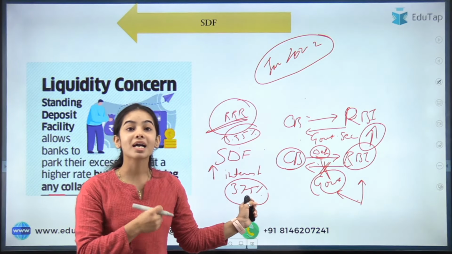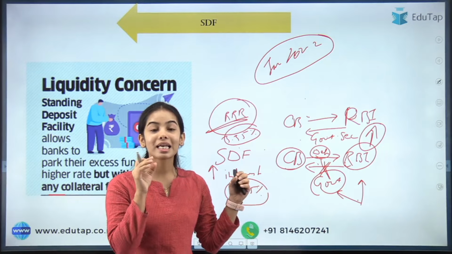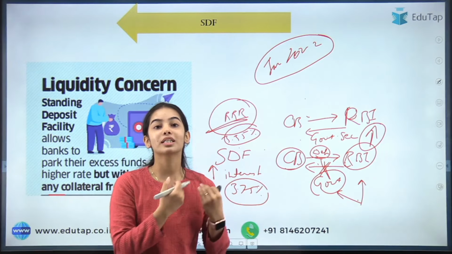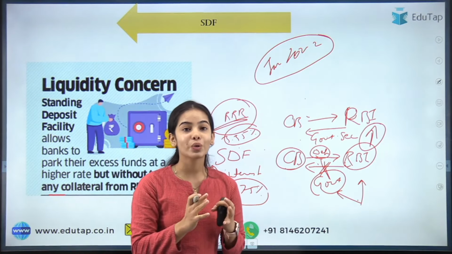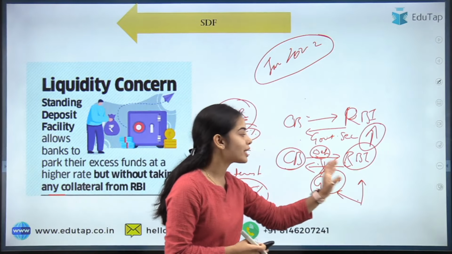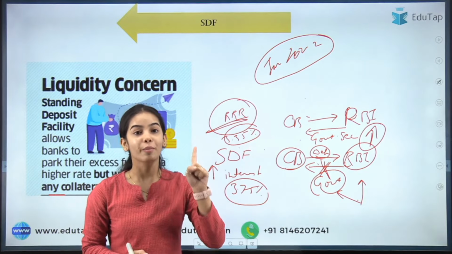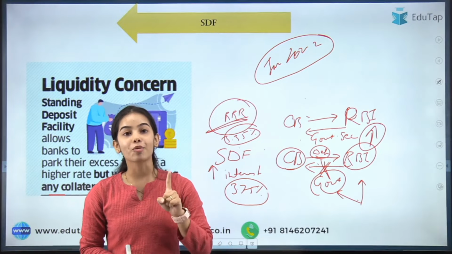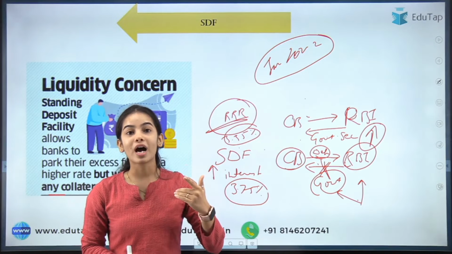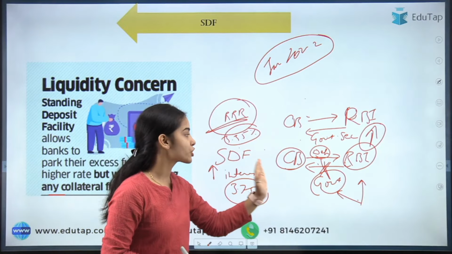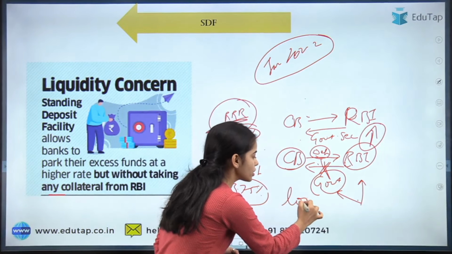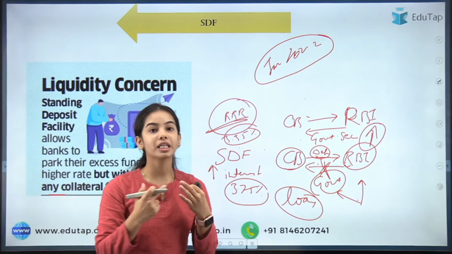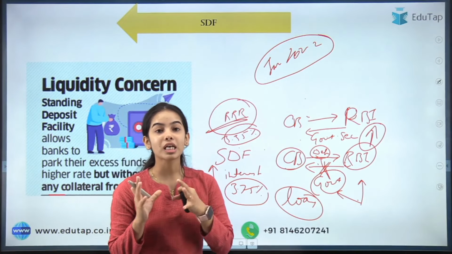Here the banks are also winning because they are getting higher interest on their deposits. The RBI wants more and more deposits from the commercial banks to control the loans and to control the liquidity in the economy, to suck out the liquidity.